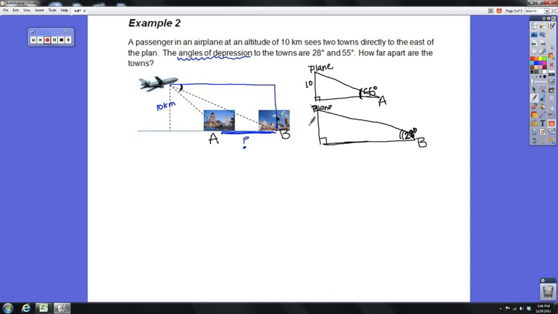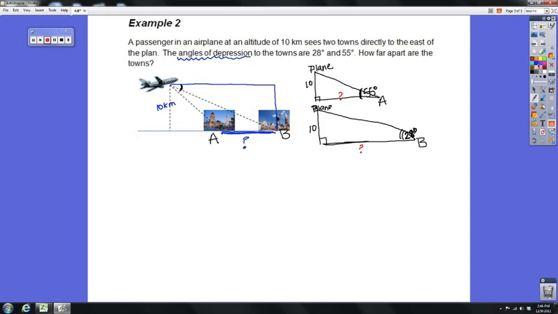The plane is still 10 kilometers high. If I figure out how far town A is from the plane and how far town B is from the plane, not this distance but the horizontal distance, then all we have to do is subtract the two and then we can find this.